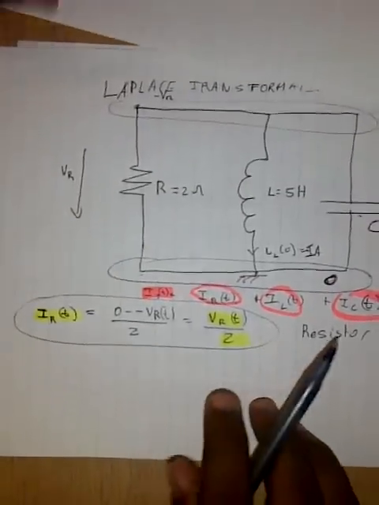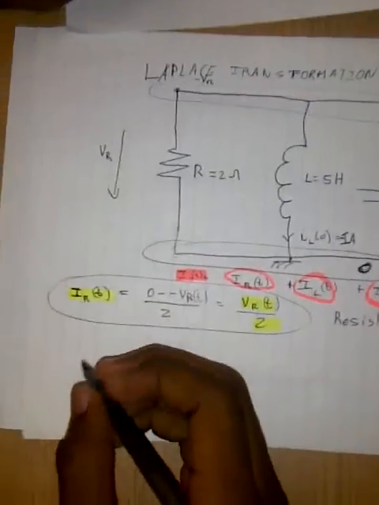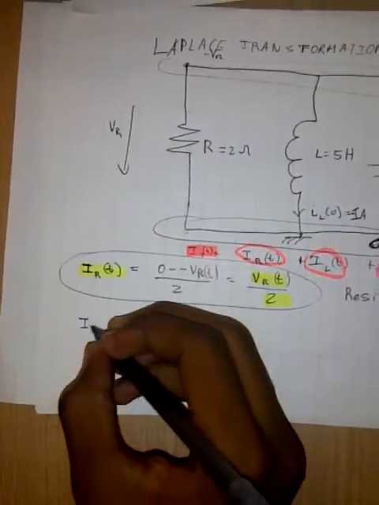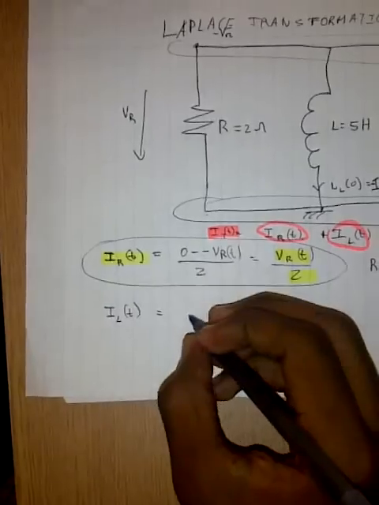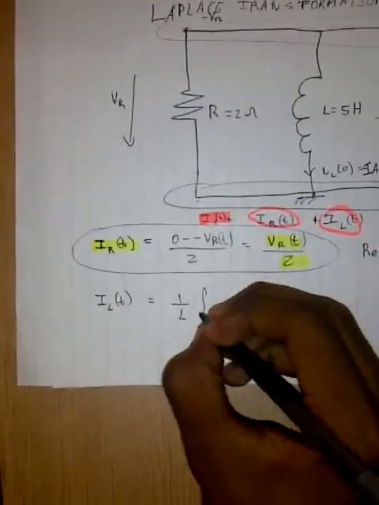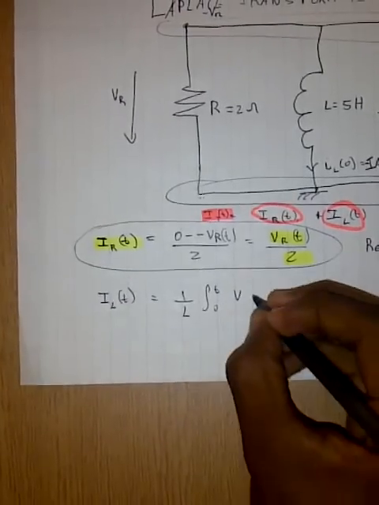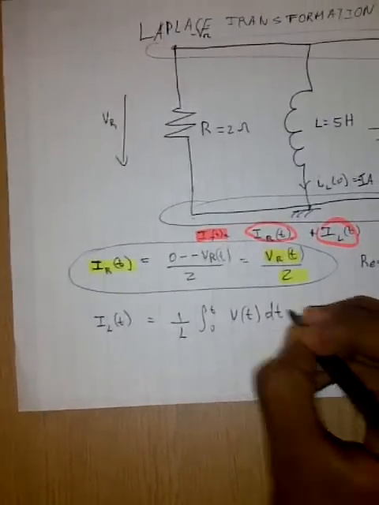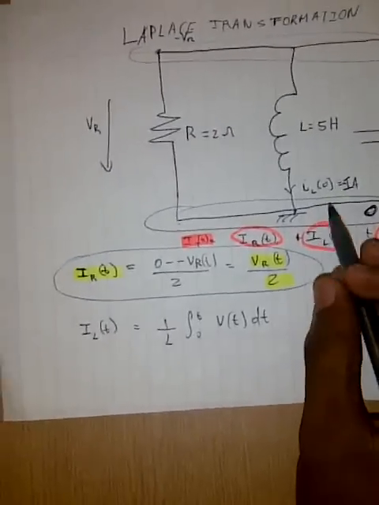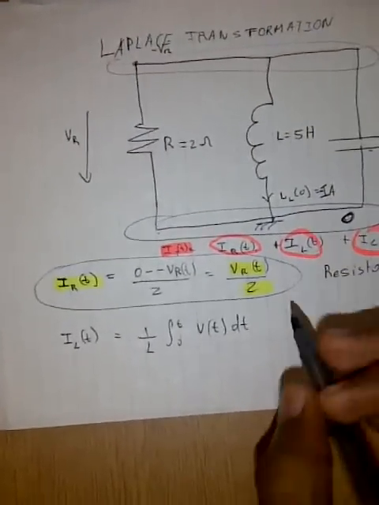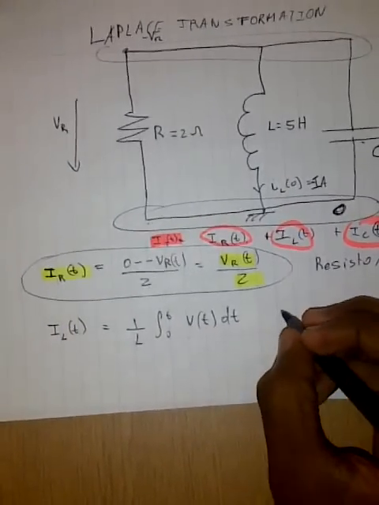Now what we're going to do is write down the total inductor current, ILT, which would have been equal to 1 over L integral T0 to T of VT dt. And we also had an initial current, which was equal to -1 amps.